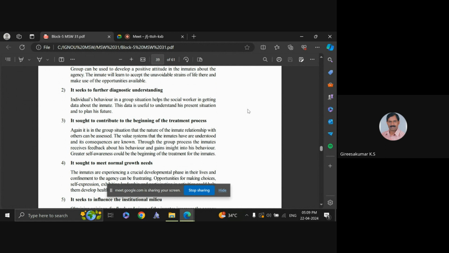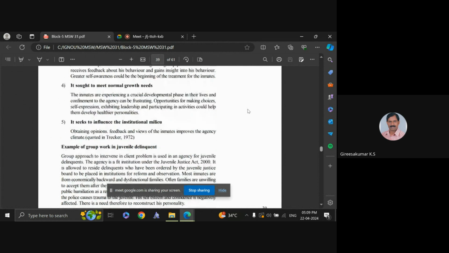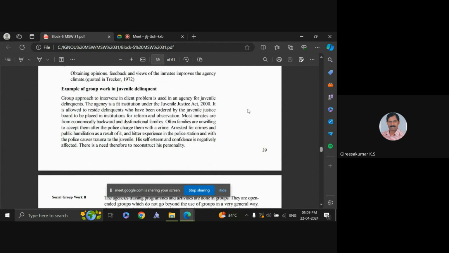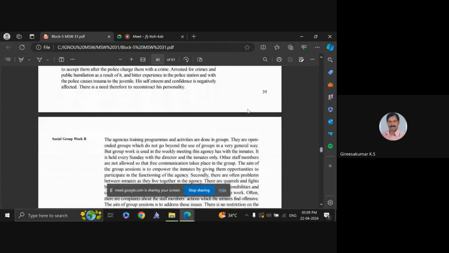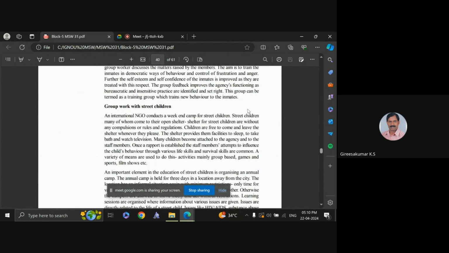Why it is necessary. Then it seeks to influence the institutional milieu, which means feedback. Examples are shown here.